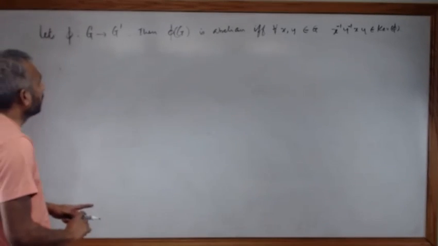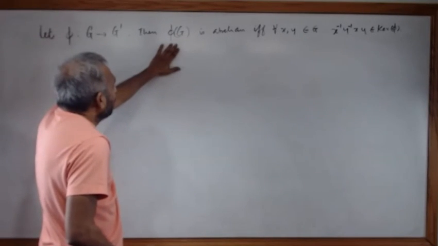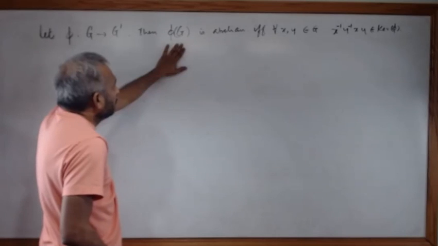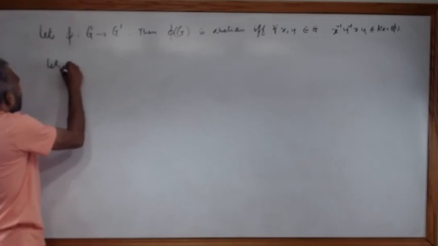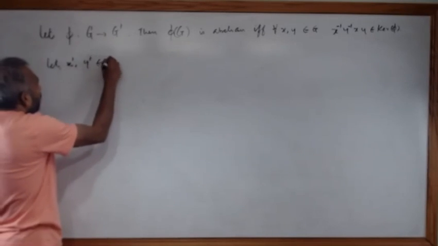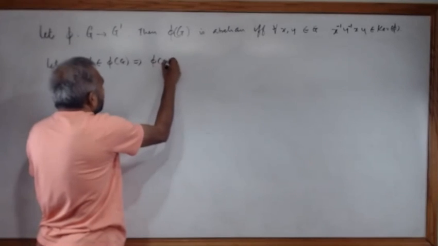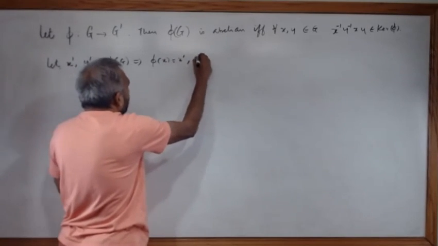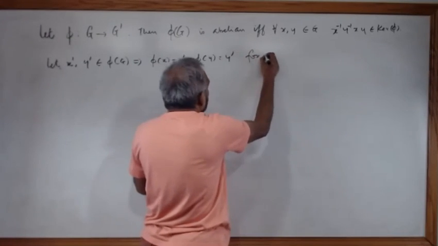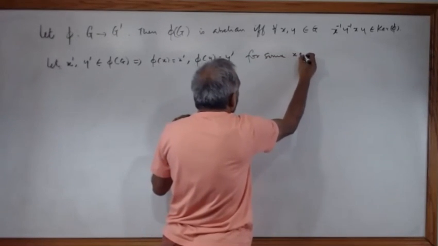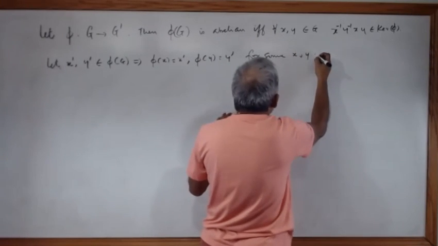So how do you prove that this is an abelian group? Take two elements from here and compose or multiply and see that it is commutative. So let us take two elements. Let x prime, y prime belong to phi of G, and that implies phi of x equals x prime, phi of y is equal to y prime for some x, y in G.